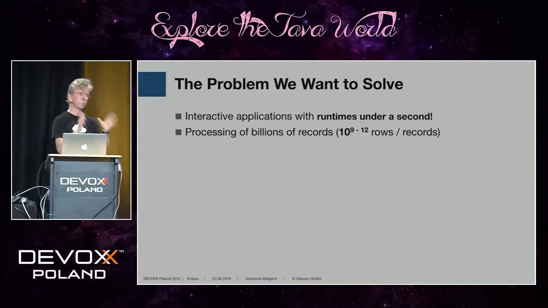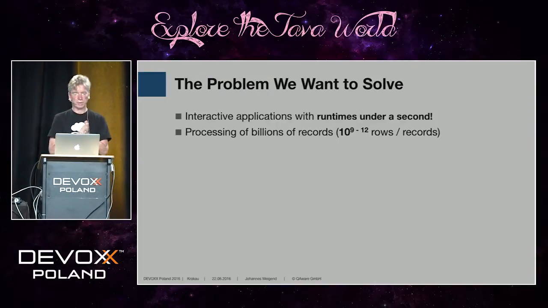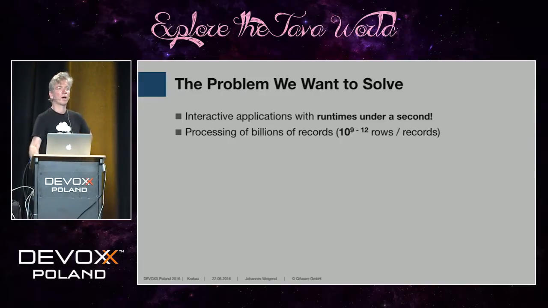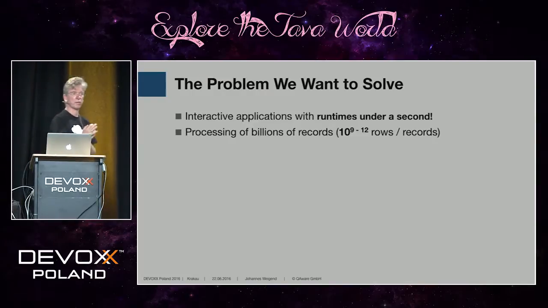And the scope I want to focus on today is how to process billions up to trillions of records. I really know that many people thinking about big data are talking about much more data than this.